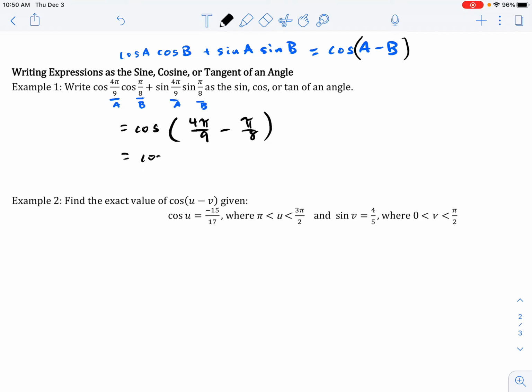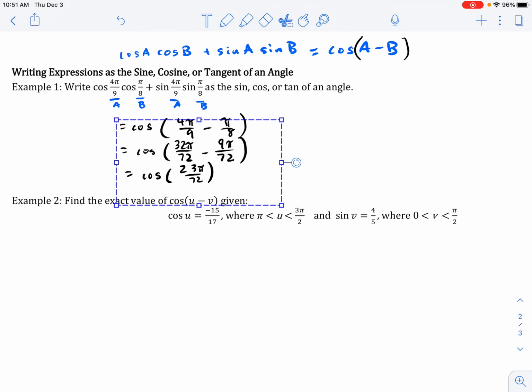So we're going to need a common denominator. That would be 72, which means we're going to multiply our numerator here by 8. So we get 32 pi. And this one here by 9. So that's going to be 9 pi. And this is just going to allow us to rewrite this as 23 pi over 72. Let's make that a little bit smaller so it doesn't bleed into the next problem.